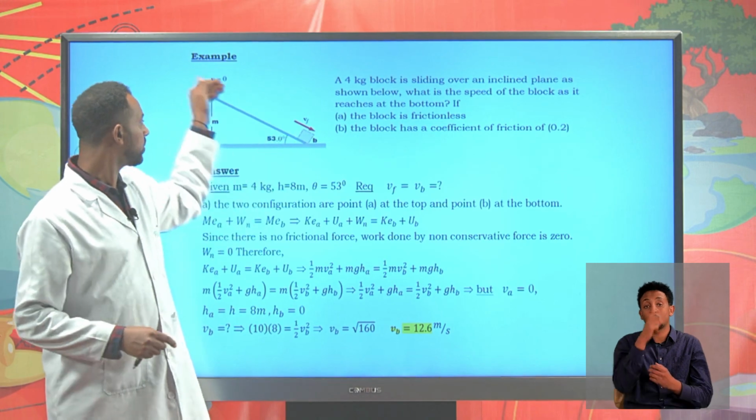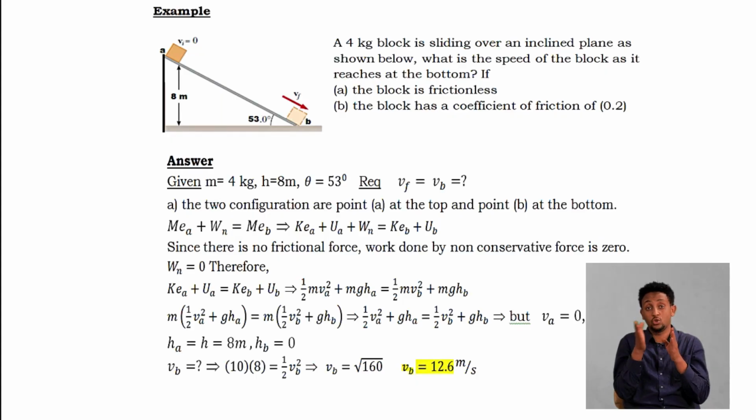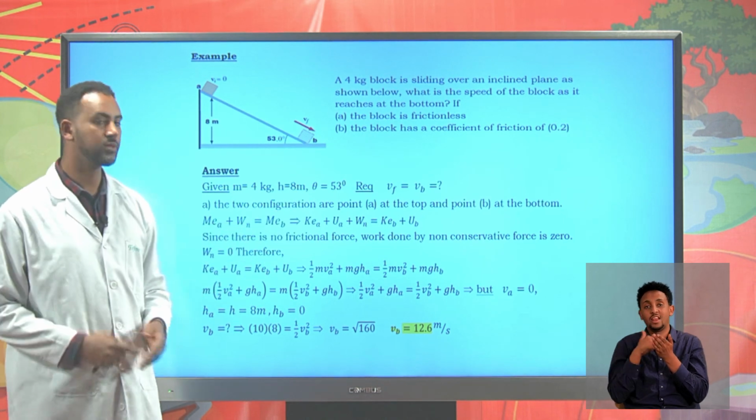There are two cases. One, the block is moving on a frictionless surface, and the other is where it's moving with friction, having a coefficient of friction 0.2. Please try to solve this.